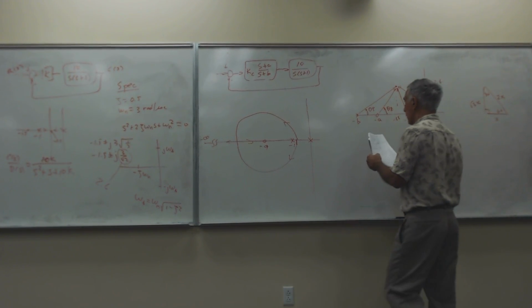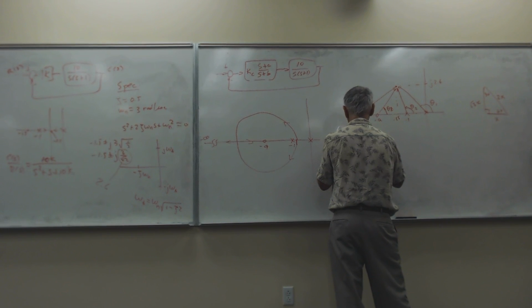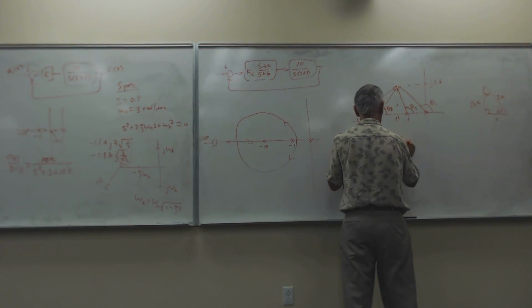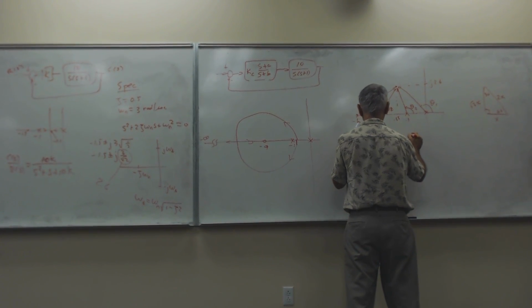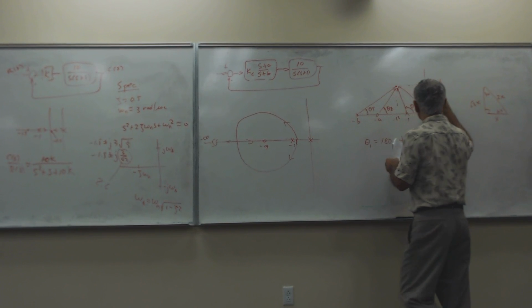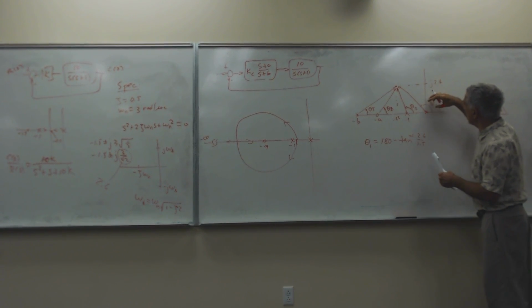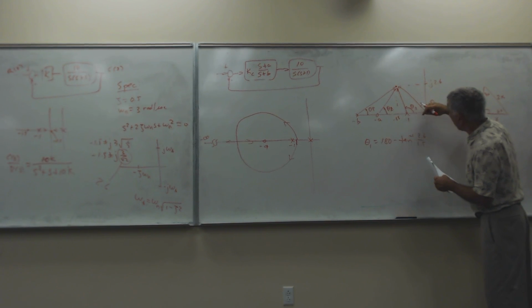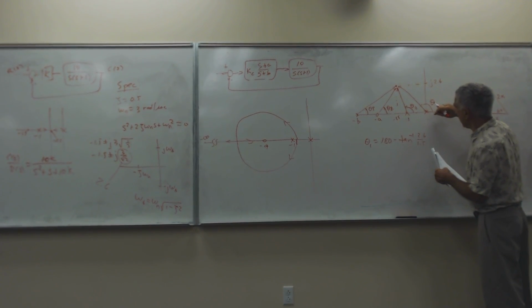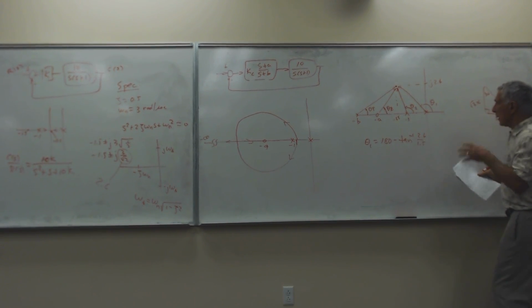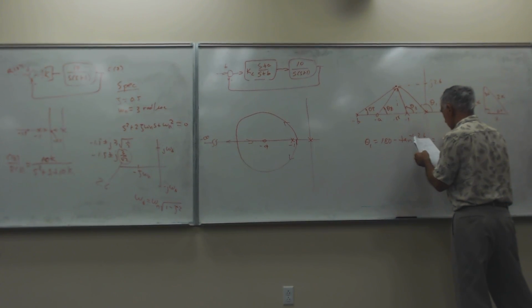In fact, theta 1 is equal to 180 minus the arctangent of 2.6 over 1.5. Right, so theta 1, it's got this vertical distance, and so that's theta 1, and that's going to be equal to 120.